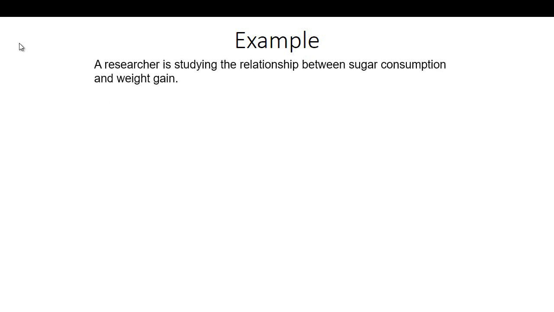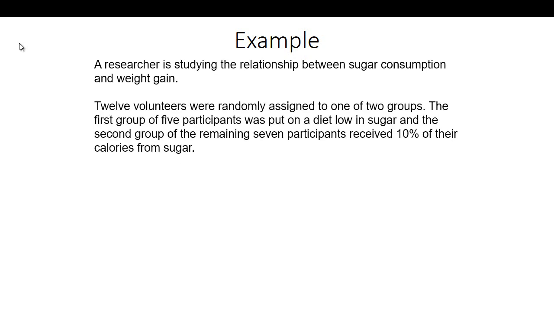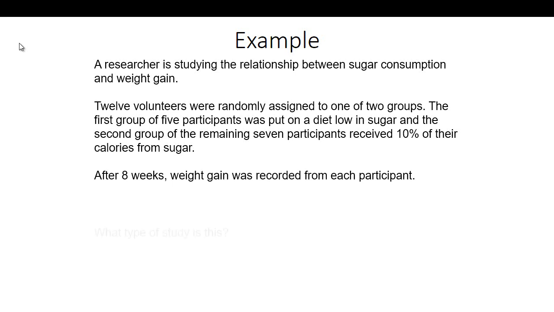A researcher is studying the relationship between sugar consumption and weight gain. 12 volunteers were randomly assigned to one of two groups. The first group of 5 participants was put on a diet low in sugar, and the second group of the remaining 7 participants received 10% of their calories from sugar. After 8 weeks, weight gain was recorded from each participant.